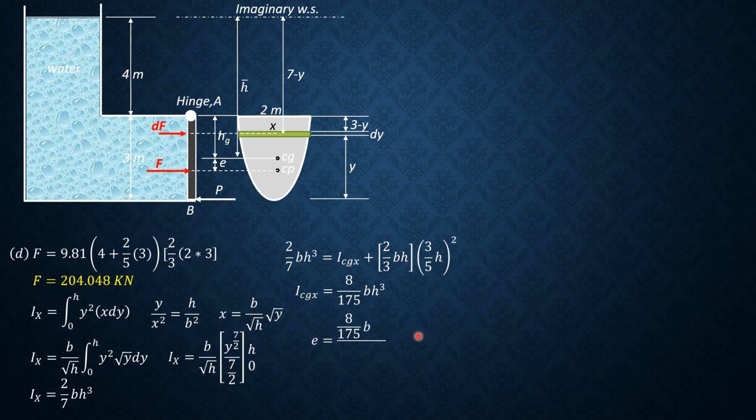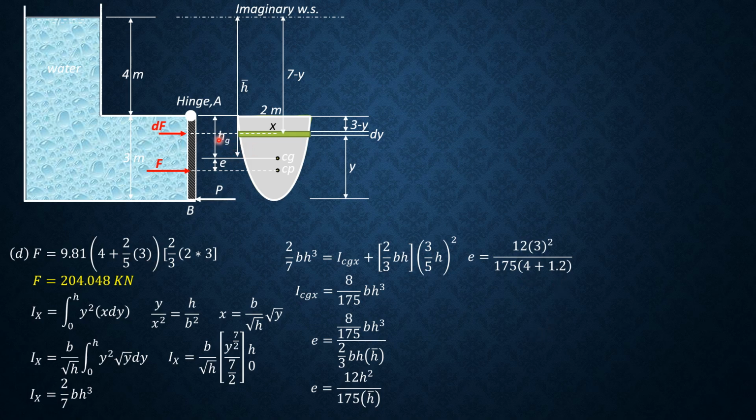e is 8 over 175 bh cubed divided by the area 2/3 bh times h bar. So e for a parabolic area is 12 h squared over 175 h bar. Substituting, 12 times 3 squared over 175 times h bar, where h bar is 5.2 or 4 plus 1.2.